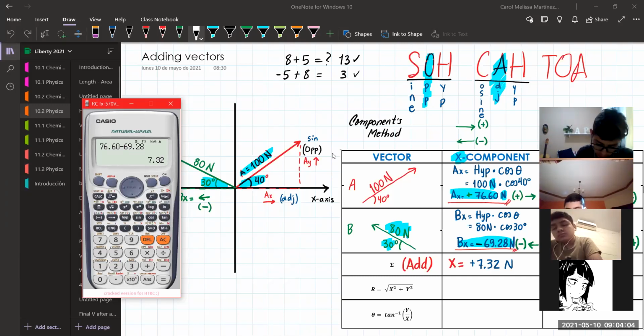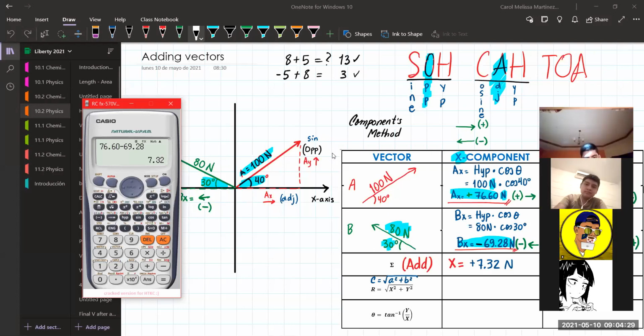Now take a look at this equation right here. Does it look similar to something that we already saw in class? Does it look familiar? It looks like the formula from the last topic that we saw, the triangles. It is an application of the Pythagorean theorem.